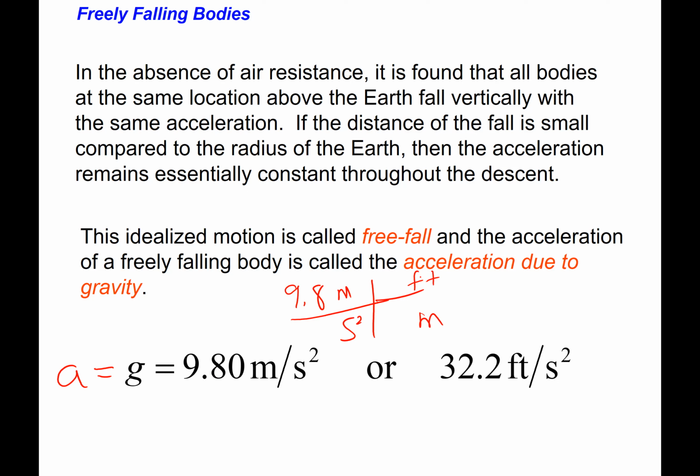We know that 1 meter is 3.281 feet. When I multiply that, I get the value for g. And this is the value for g in the English units, sometimes called the U.S. customary system units.